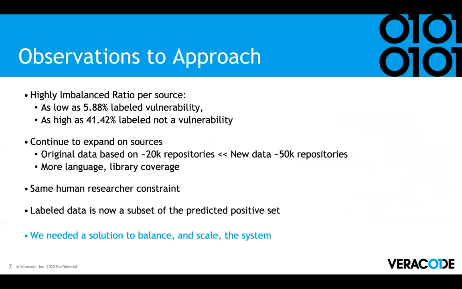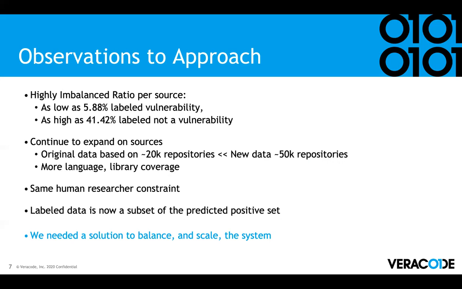However, in that approach, we were dealing with a dataset which has a high imbalance ratio per source. For a certain source, items which were labeled vulnerabilities went as low as 5.88%. And further, we also wanted to expand the number of sources in our curation process.